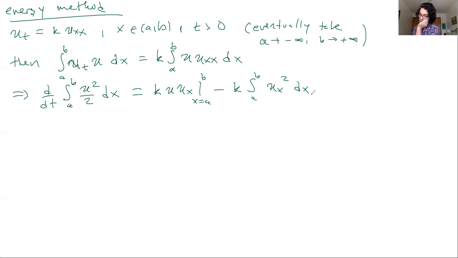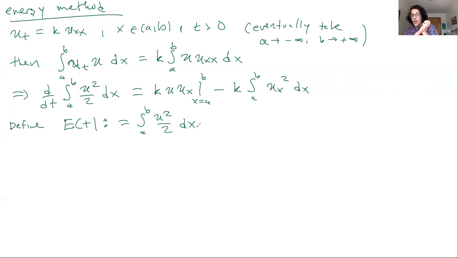So what does this give me so far? Well, if I define an energy now, so E of t is equal to just the integral from a to b of u squared over 2 dx. Let's say that's my energy functional, right? It doesn't have to mean something physical. Remember, the energy functional is just motivated by the fact that sometimes these objects are physical in meaning.